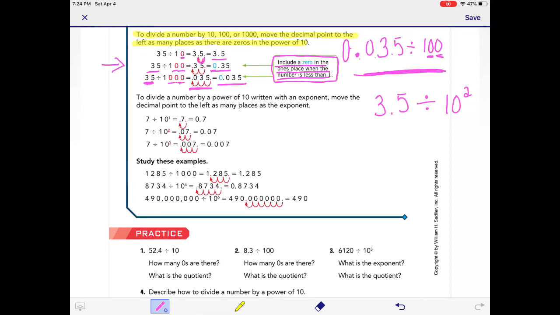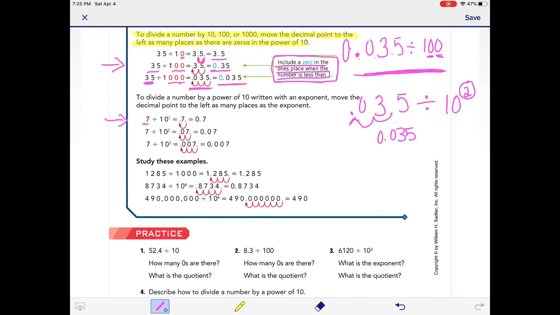When you have an exponent, rather than the zeros telling you how many spaces to move it to the left, the exponent tells you. So this says move it to the left 2 spaces, 1, 2, and we would have 0.035 or 35 thousandths.